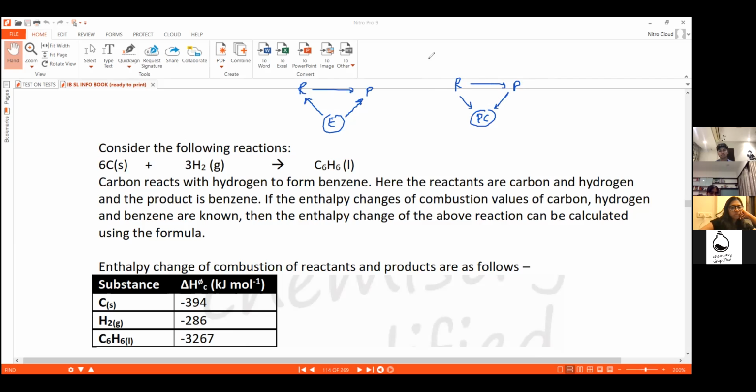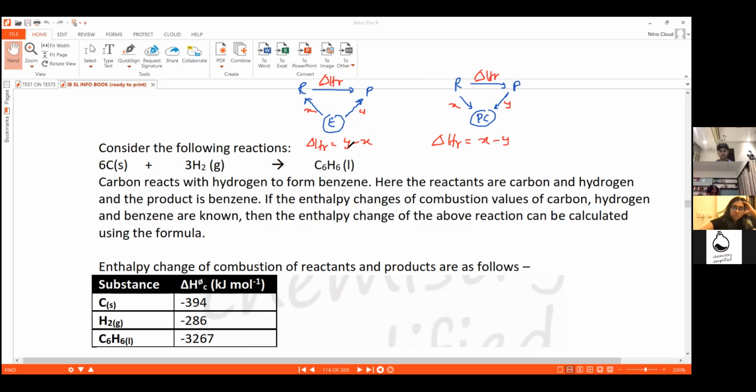And in both the cases, I will need to find out the enthalpy change of this reaction. So let's say this is X and this is Y. According to the directions of the arrows, delta HR here will be Y minus X, like this minus this. And here, enthalpy change of reaction will be X minus Y.